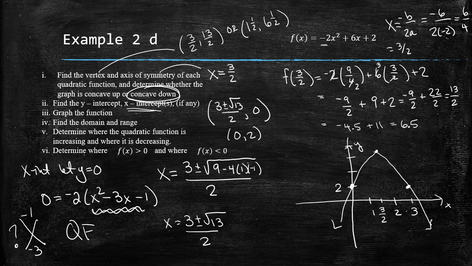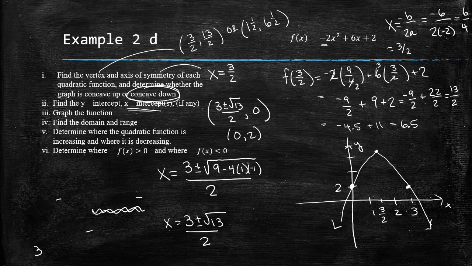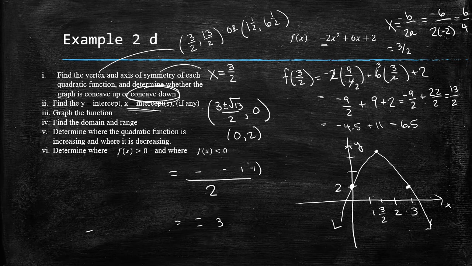Okay, domain, all real numbers. Range, let's see, I'm going to erase some of this. So the domain for all of these is going to be all real numbers. The range, we're coming from negative infinity and going to that high point of our vertex, which was 6.5. So negative infinity up to 6.5.